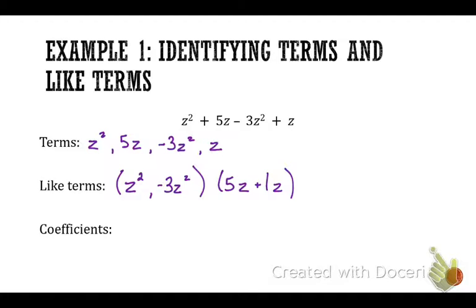All right. Okay. So now I want you to look. And I want you to hold up how many fingers on your hand. How many coefficients are in this expression? All right. Hold them up. Okay. What do you guys think? Are there 2 or 4? There are 4.